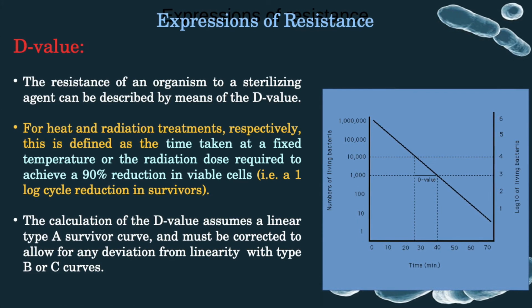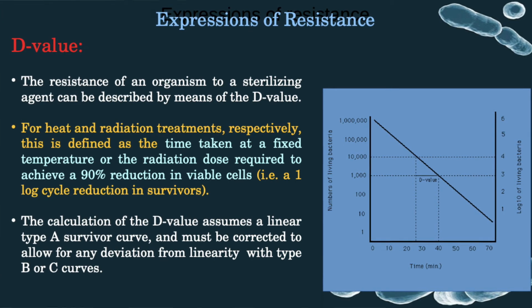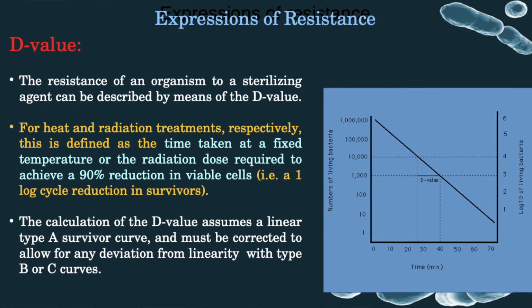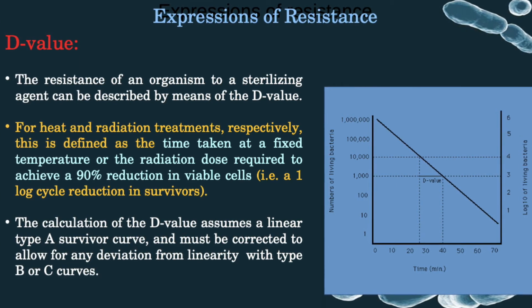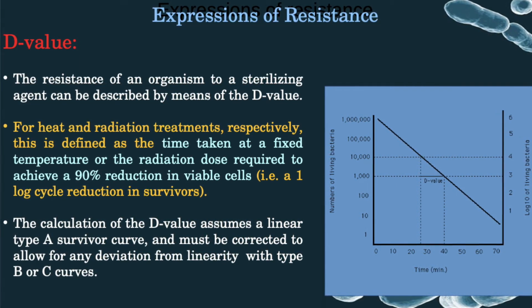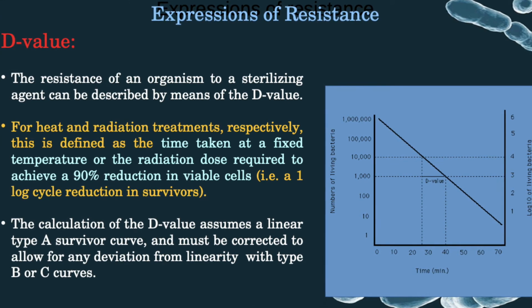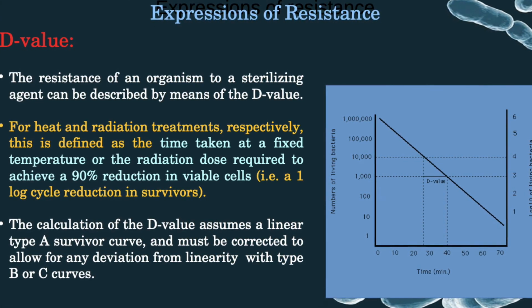So for example, if you are providing a heat or radiation treatment, then it can be defined as follows: suppose for a fixed period of time you are applying that radiation dose and you get a 90% reduction in the viable cells. That can be defined as your D value.